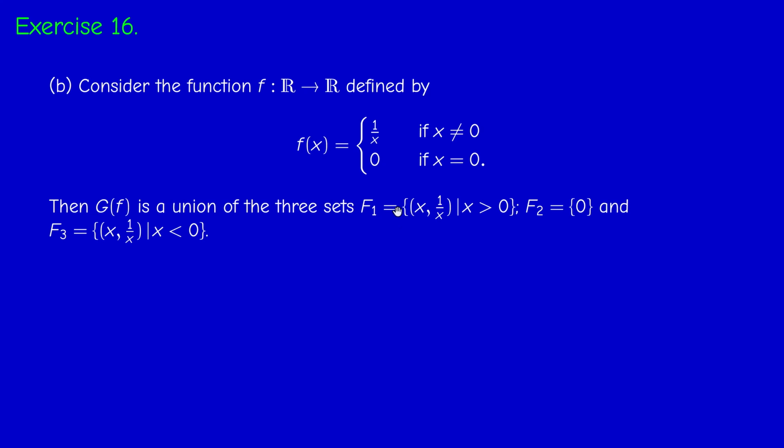So the upper branch of the hyperbola is a closed set. Of course, the singleton 0 is closed, and the other branch is also closed. So the graph of this function is closed, but f is clearly not continuous, no matter how I define it at 0. So the converse is not true. If the graph of a function is closed, it doesn't mean in general that the function is continuous.